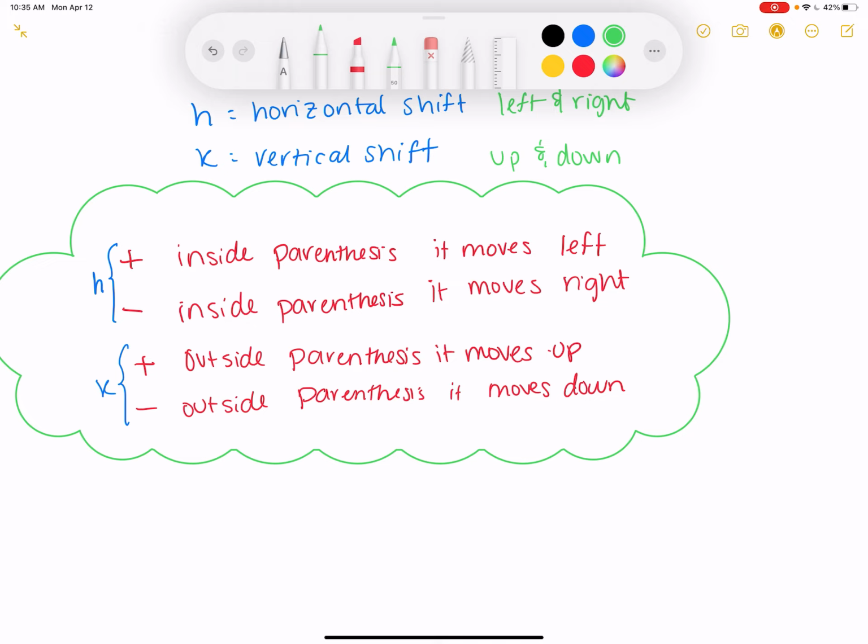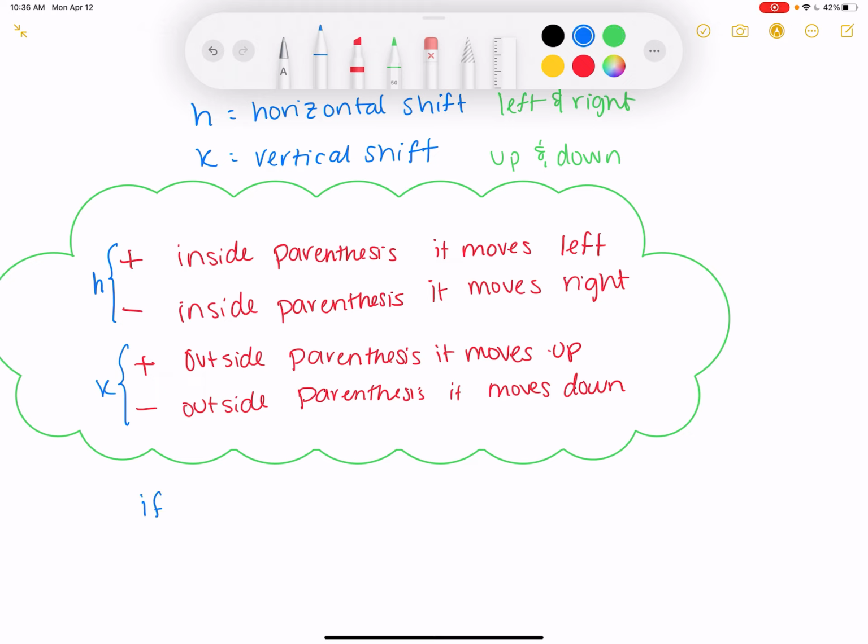Okay, so yes, this follows the exact same rules as the parabolas that we did way back when. I don't even know when that was anymore. It was back in first quarter.